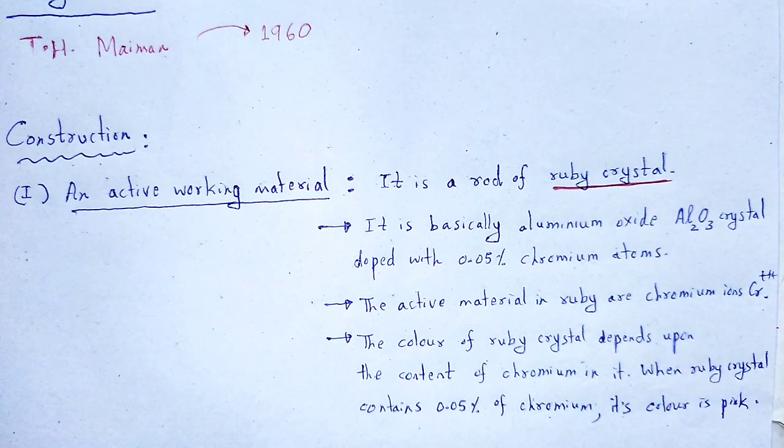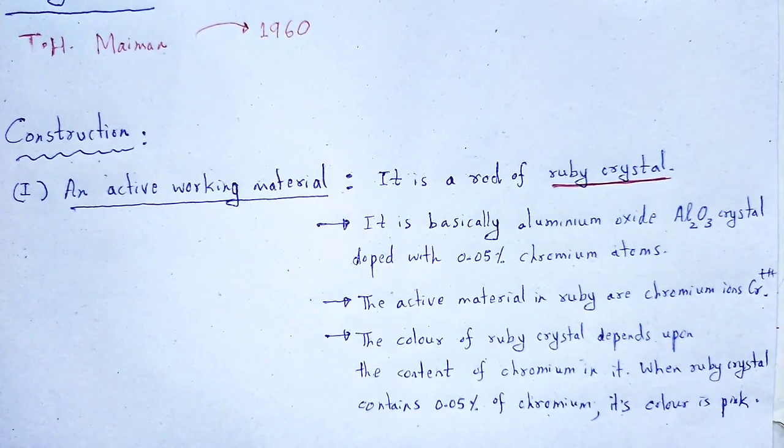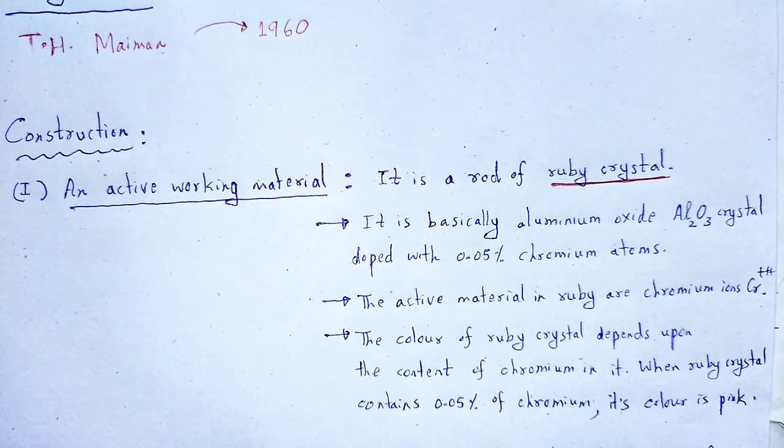Ruby crystals are rods with varying length and diameter.